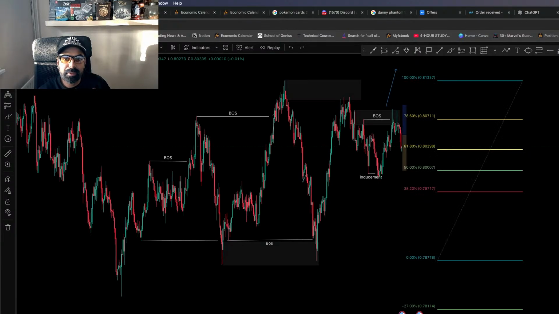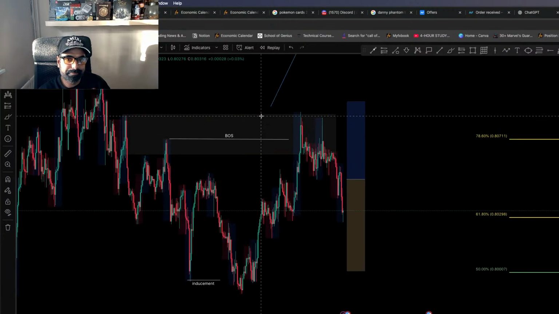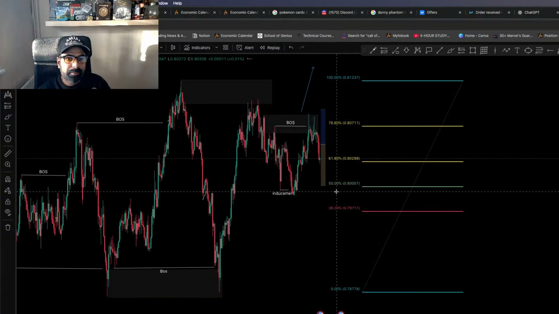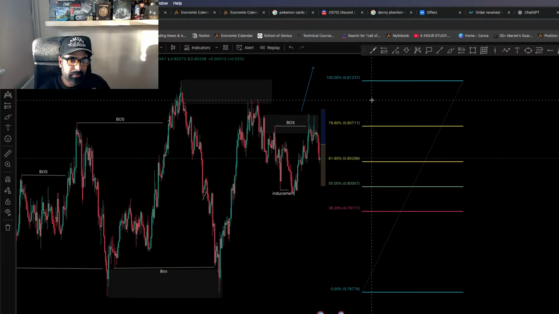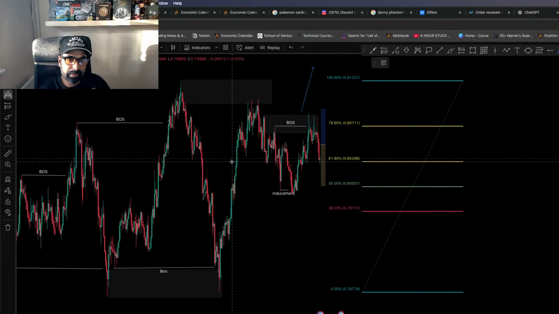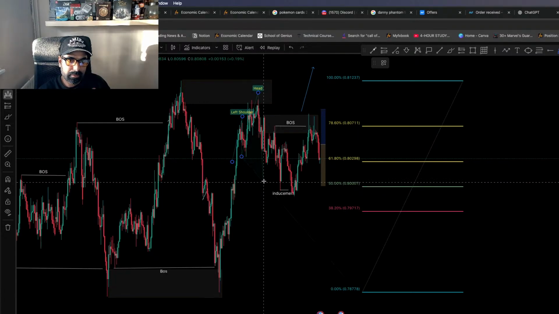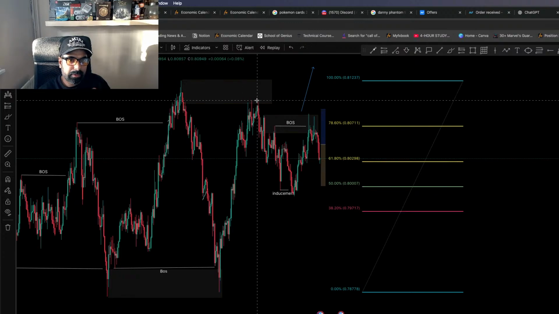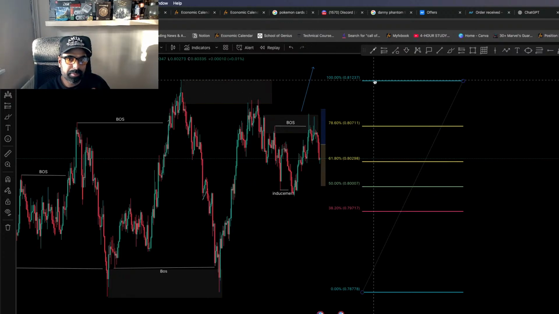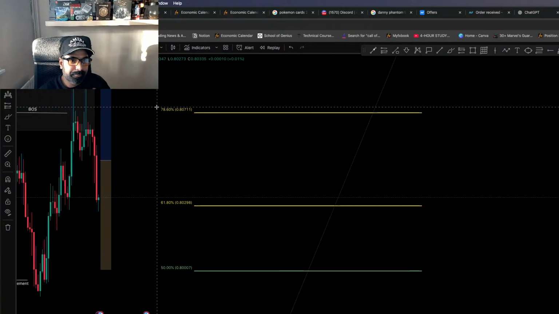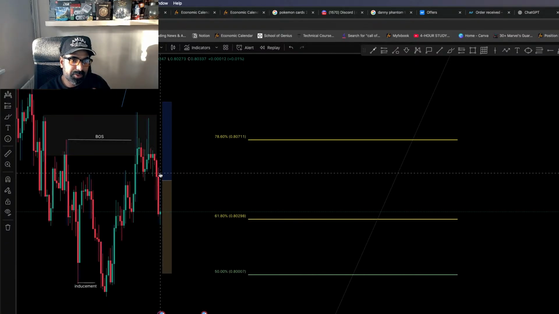Alright, this is a trade I'm in at the moment right now. It was one high, 3, and then I put a fib from top to bottom, 78.6, with clean rejection right there. 1, 2.